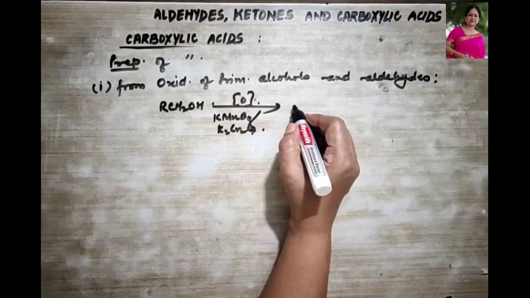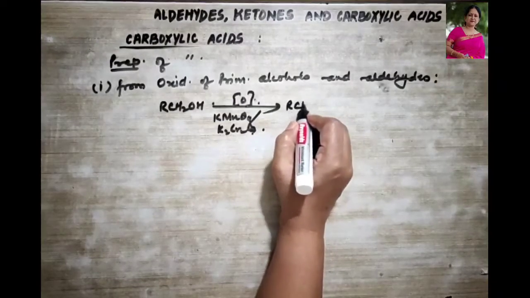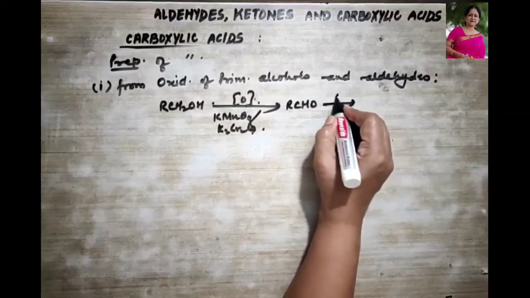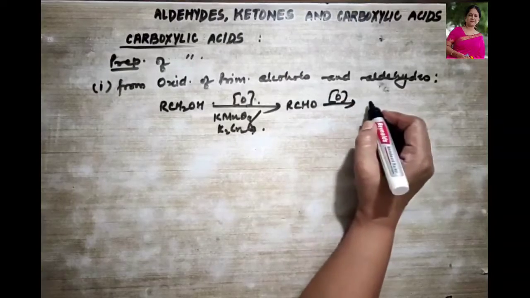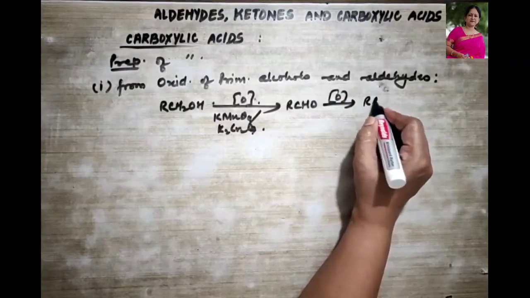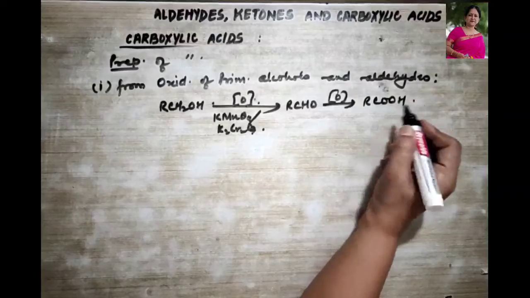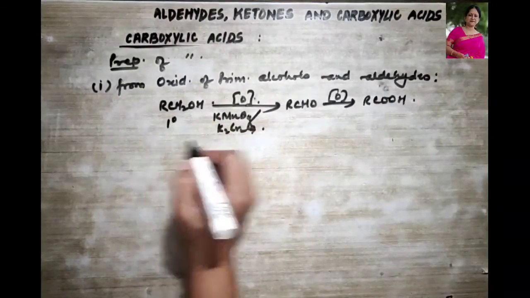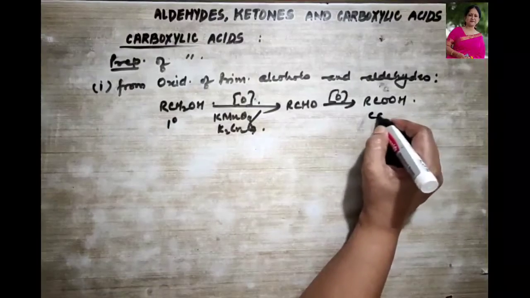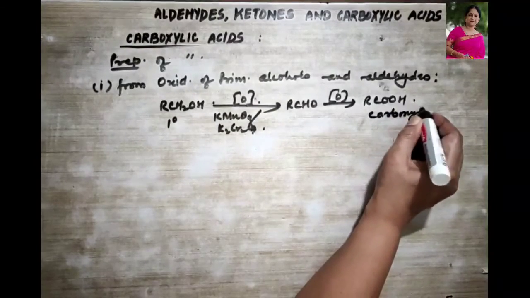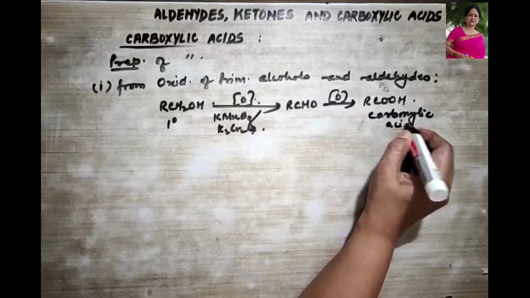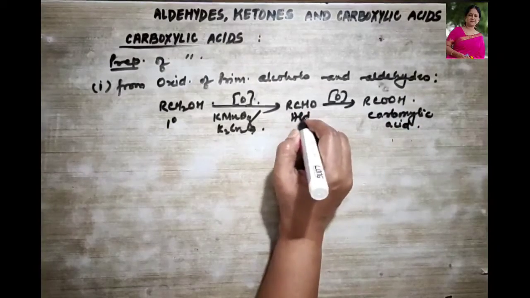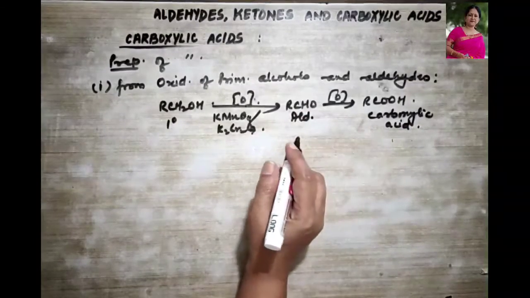Then they first form an aldehyde, that is RCHO, and on further oxidation they form the carboxylic group, that is RCOOH. This is the carboxylic acid formed from the primary alcohol, and this is the aldehyde formed.